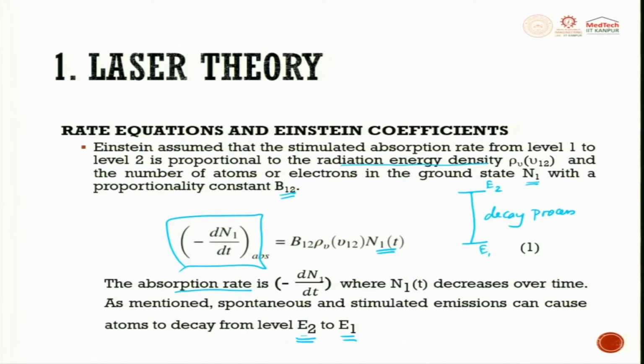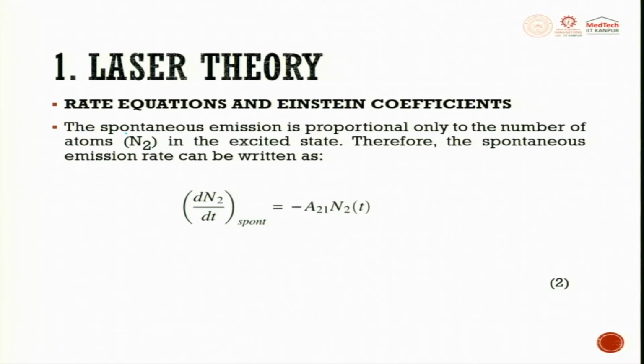So, that was the stimulated absorption rate. Now we talk about the spontaneous emission rate, which is proportional only to the number of atoms N2 in the excited state. Therefore, the spontaneous emission rate can be written as A21 N2 with respect to t.